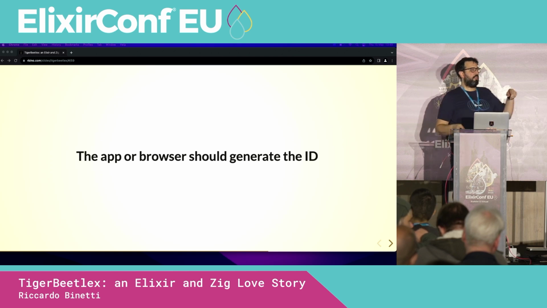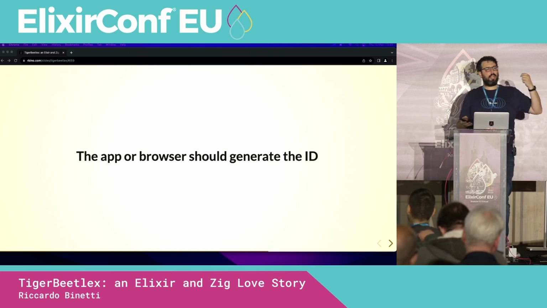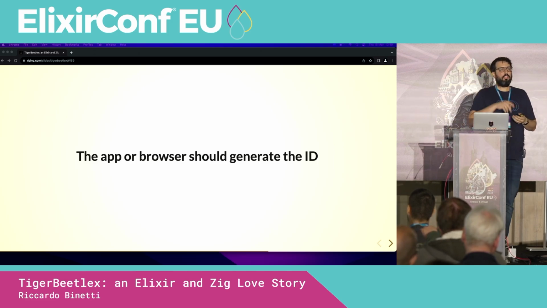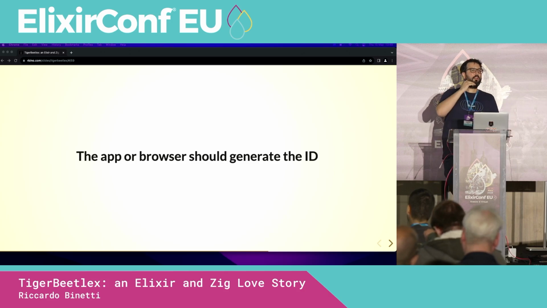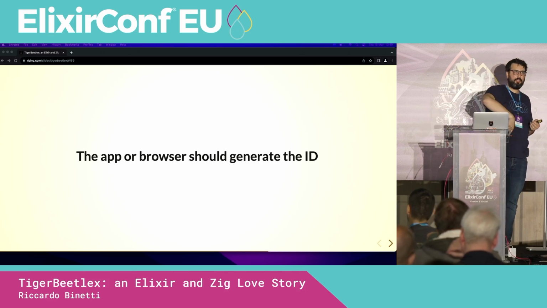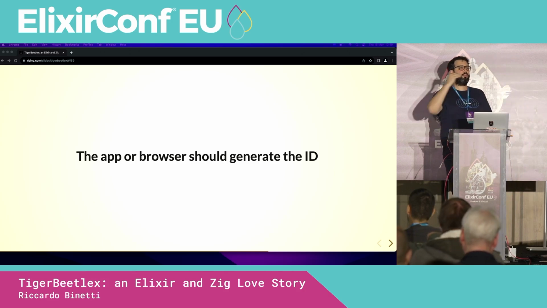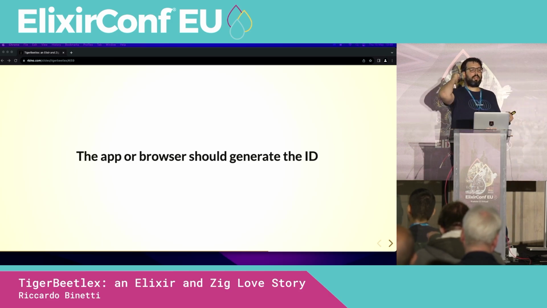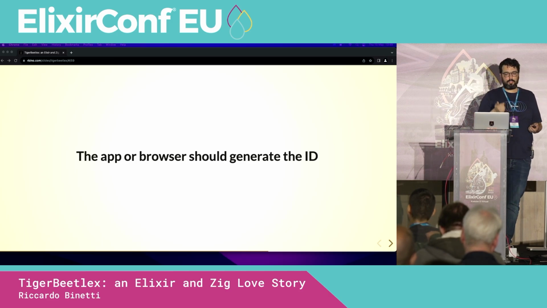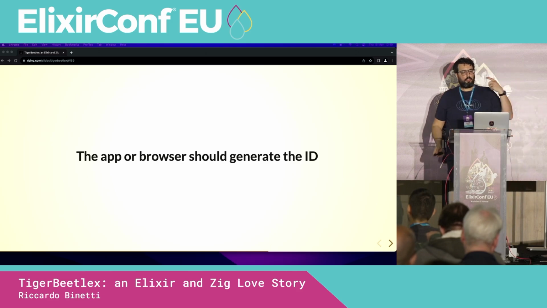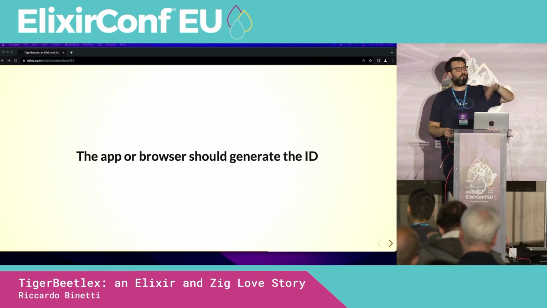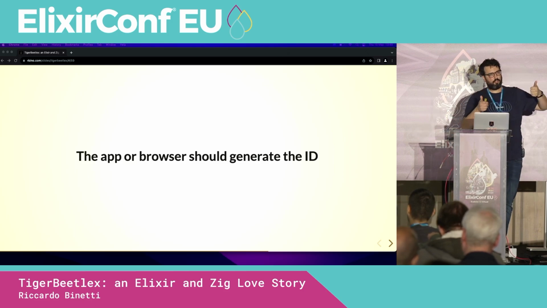This is because TigerBeetle uses the ID as an idempotency key. So this guarantees that if your request fails, but actually maybe it succeeded on the TigerBeetle side, but your application got disconnected and the client doesn't know that, if you send the same request with the same ID, TigerBeetle is going to reply exists.